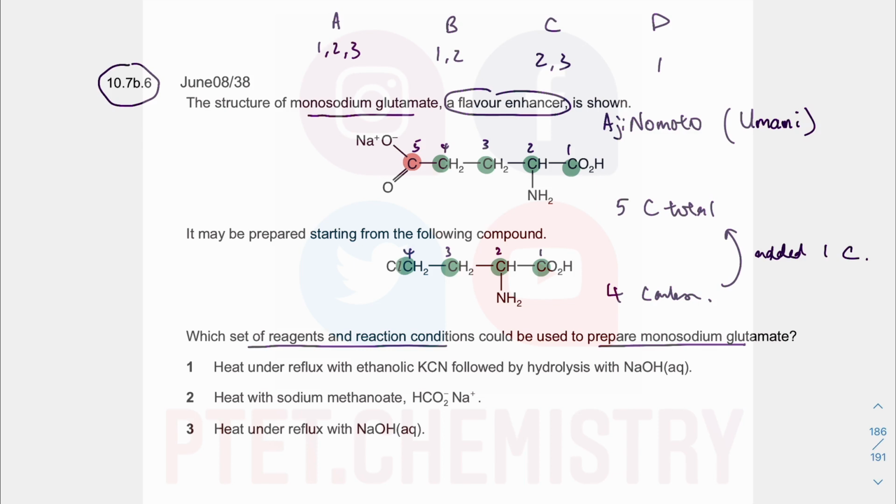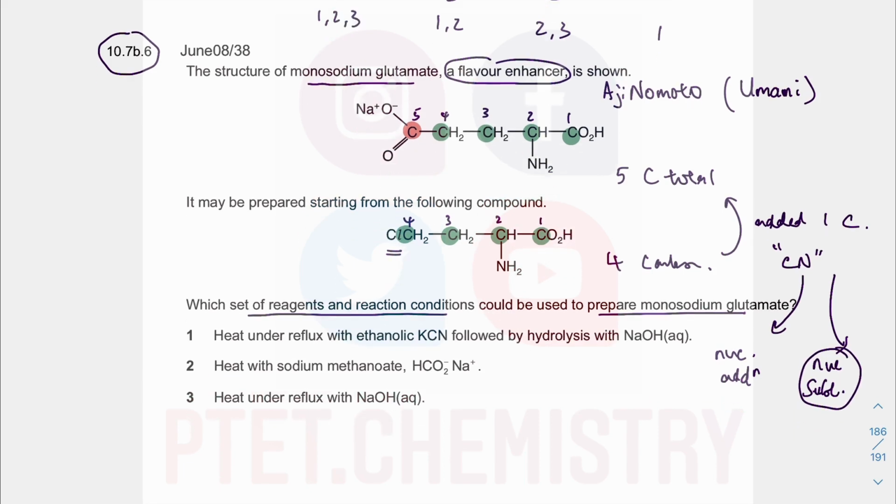We can be thinking about CN, but that can exist in 2 different forms. We can do nucleophilic addition, or we can do nucleophilic substitution. When we do nucleophilic addition, we will be thinking about ketones and aldehydes. We don't have ketones and aldehydes. When we do nucleophilic substitution, we'll be thinking about halogenoalkane. We do have a halogenoalkane, a chloroalkane. So this is the one that we're going to use, alright?